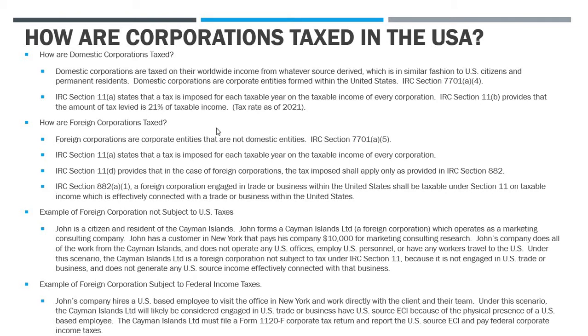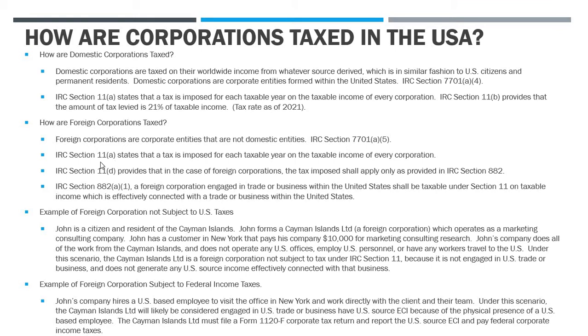So how are foreign corporations taxed? Well, a foreign corporation is a corporate entity that's not domestic, right? Makes sense. If you look up the definition in 7701(a)(5), if you've got a foreign corporation that's formed in a jurisdiction that's not within the United States, then it's a foreign corporation. Section 11(a) states that tax is imposed for each taxable year on the income of every corporation, right?